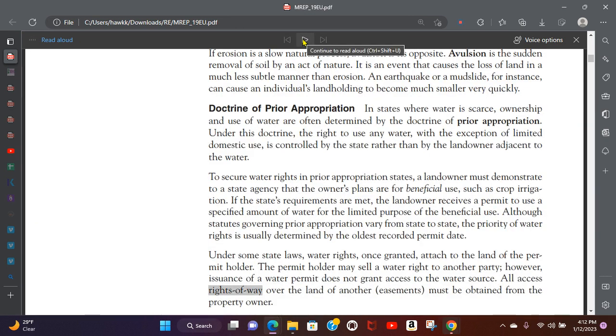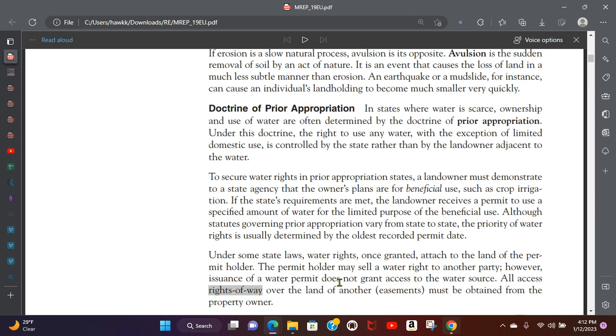They just told you. They give you the permit, right? Beneficial use. You receive a permit to use a specified amount of water.